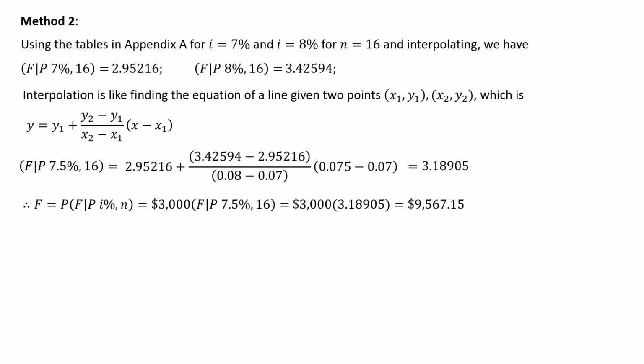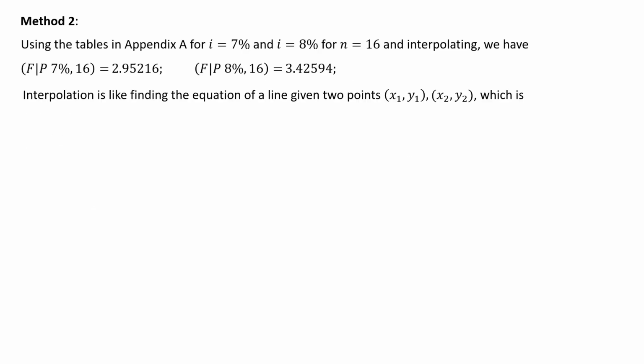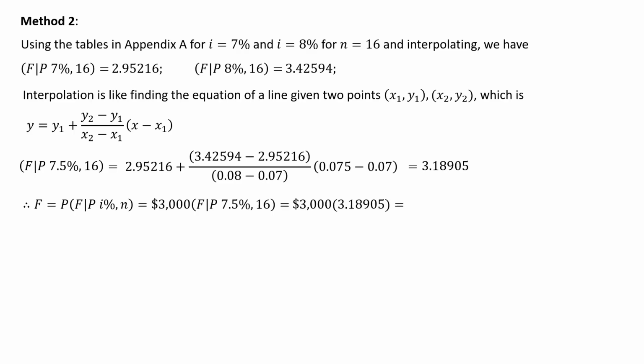Cool. What was the actual value we got when we used the formula? Let me go back. 9542.38. Is there a difference? Of course there is. 9542 versus 9567. So there is a $25 difference.